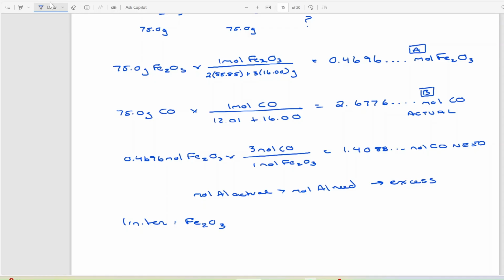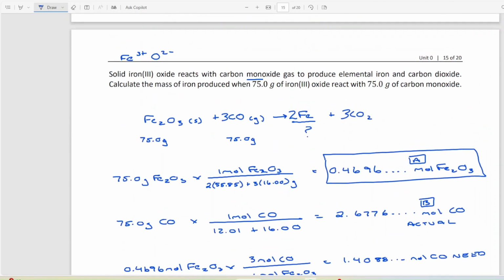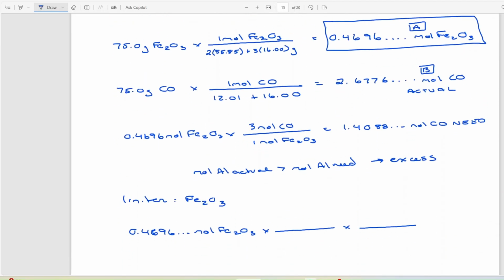So then you're going to start at this point here. You're going to take that 0.4696 moles of iron 3 oxide, recall A, and I'm going to see how many grams of iron are going to be produced.